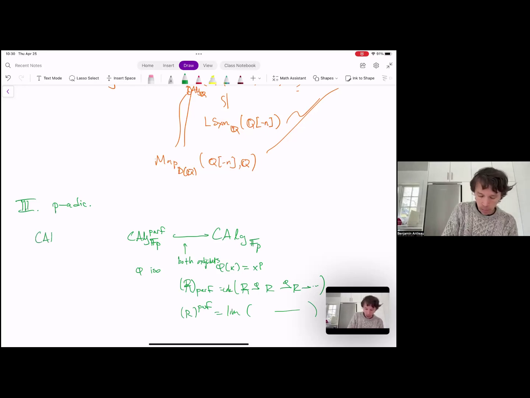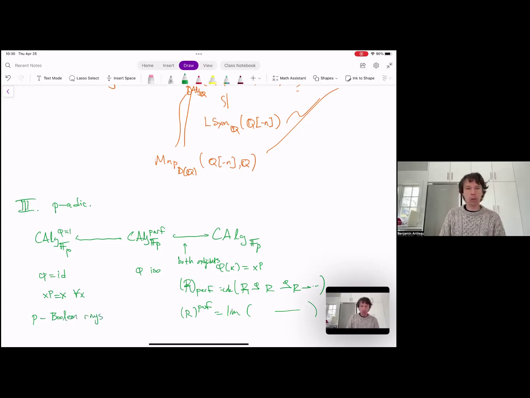And now I'm going to talk about a subcategory of this, CAlg F_p with phi equals 1, where in fact you ask for phi to be equal to the identity. In other words, x to the p equals x for all x in your commutative ring. And I'll call these p-Boolean rings. P-Boolean, because for p equals 2, these are classical Boolean rings that come up in various places.